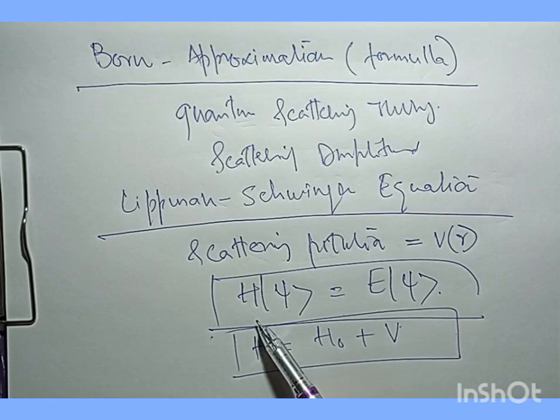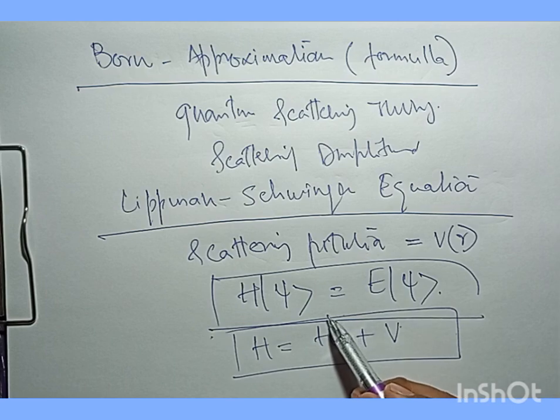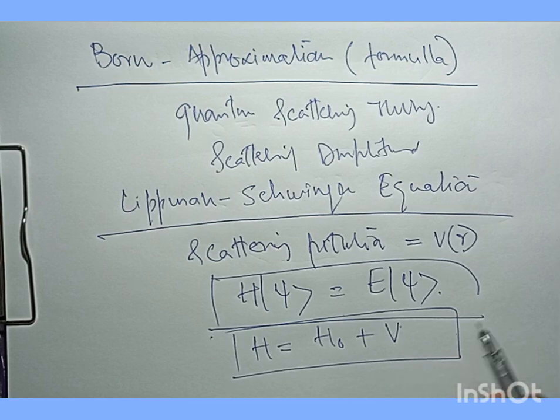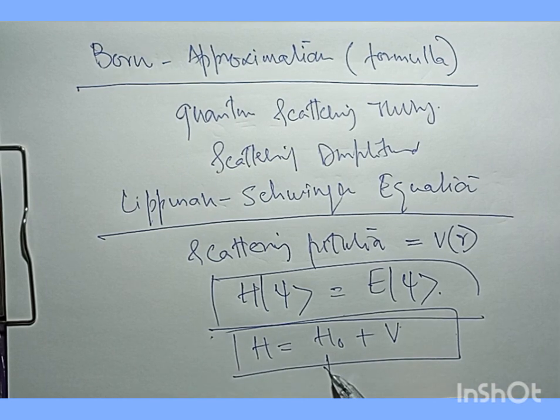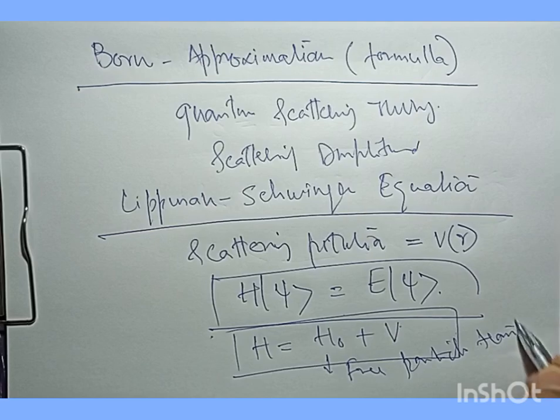So this H is our total Hamiltonian, and it's a function of the unperturbed Hamiltonian and the potential. If we have a free particle, I should call it the free particle Hamiltonian, which only accounts for the kinetic energy.